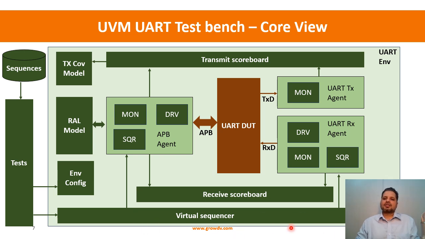A virtual sequencer will not have any of its own interfaces, but will be an intermediary. It will hold the handles of all the sequencers present in the testbench, so you can now run a virtual sequence on the virtual sequencer, and depending on the type of the sequence, if it is an APB sequence, it will run on the APB sequencer, and if it is a UART Rx type of sequence, it will run on the UART Rx sequencer.